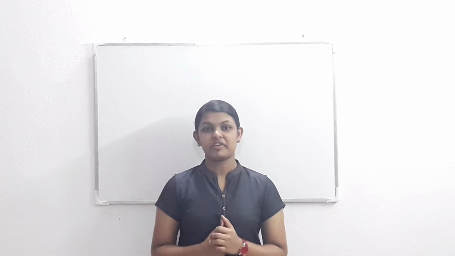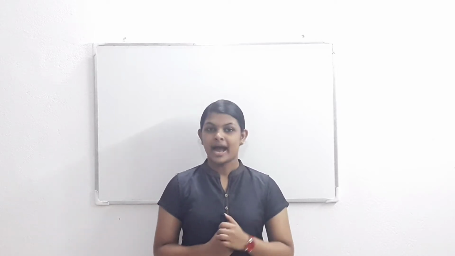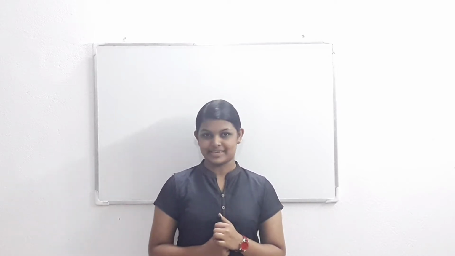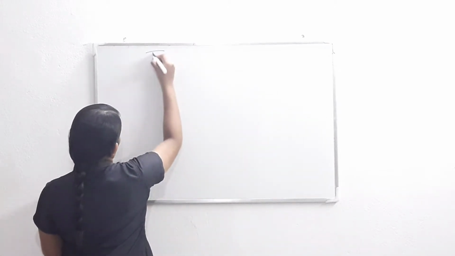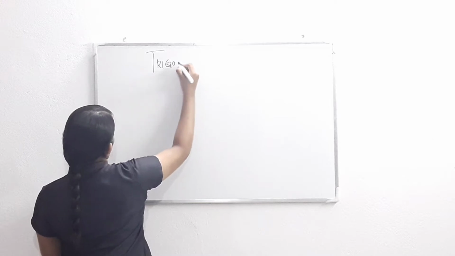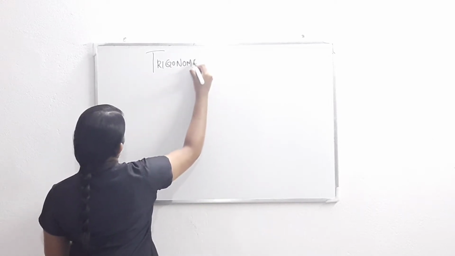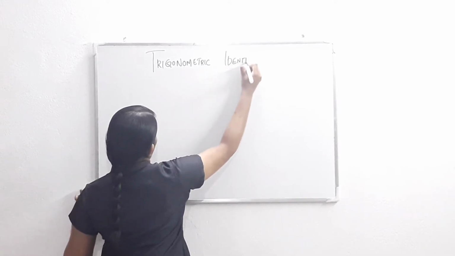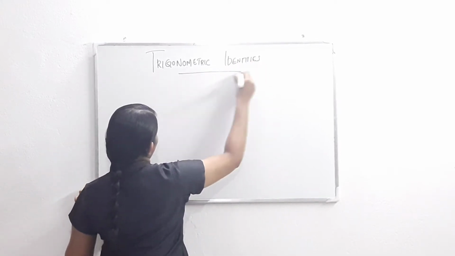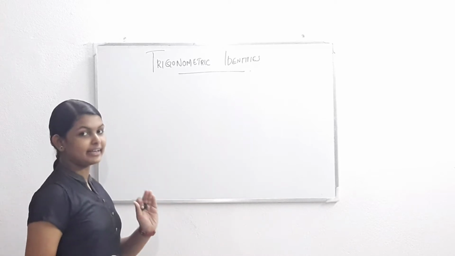In today's section, we are discussing trigonometric identities, and then we will discuss the previous board exam questions. Okay. So now we can discuss the trigonometric identities. You have to remember the three major identities from this chapter.